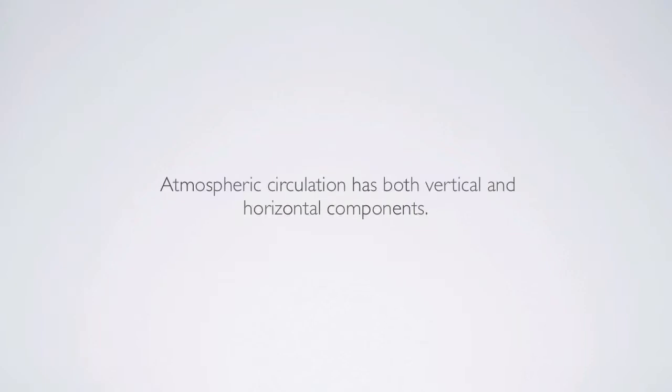So how is so much energy transferred by the atmosphere to higher latitudes from the tropics? Well, that's atmospheric circulation. The thing to know about atmospheric circulation is that it has both vertical and horizontal components. We talked about how air that was heated up rose, and now we're going to understand why air also moves horizontally.